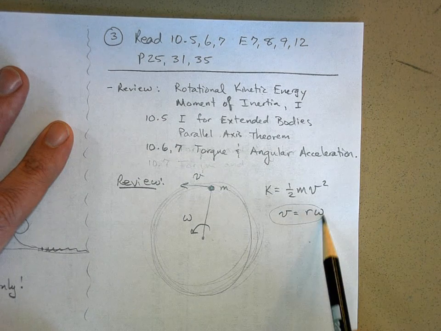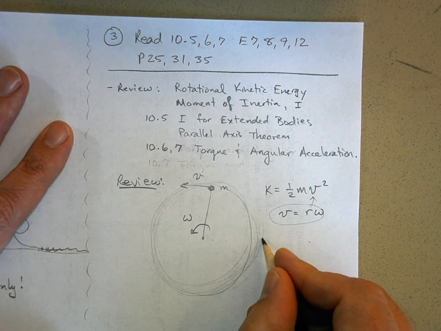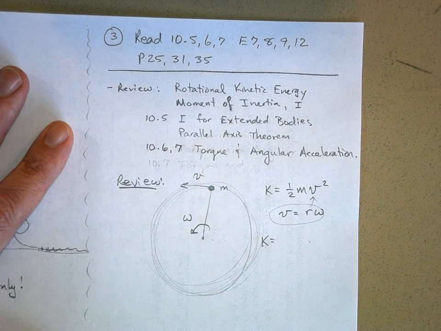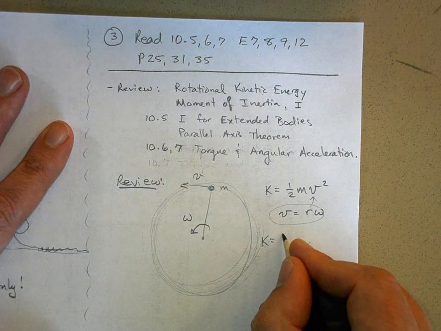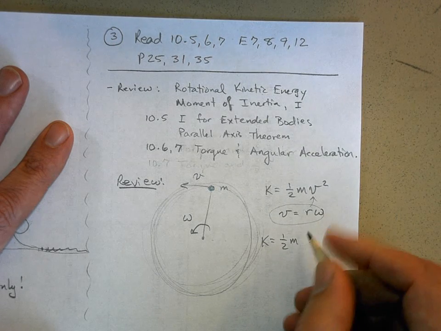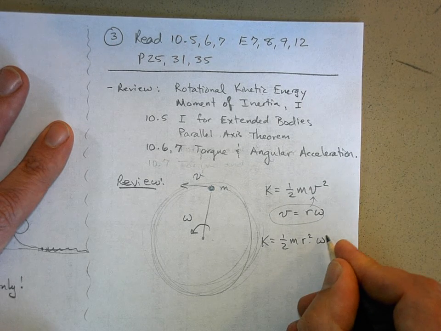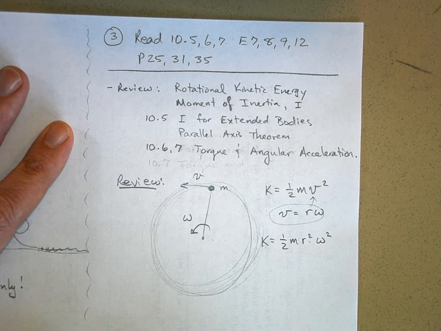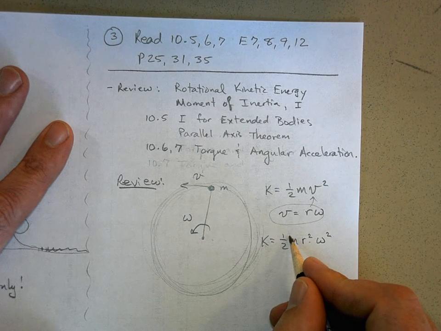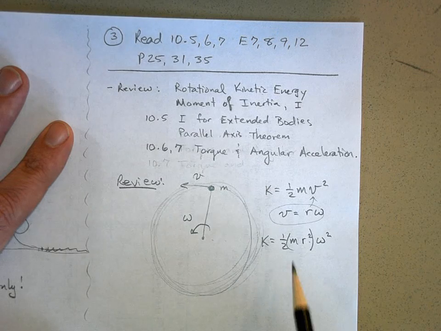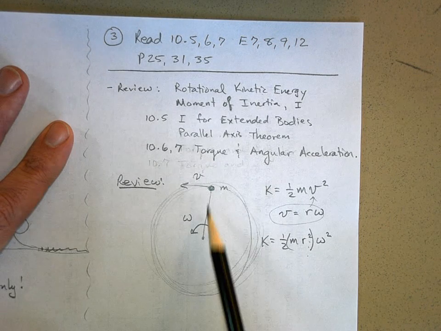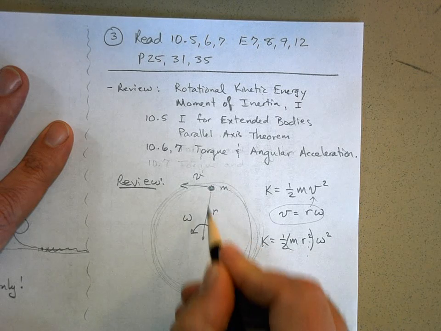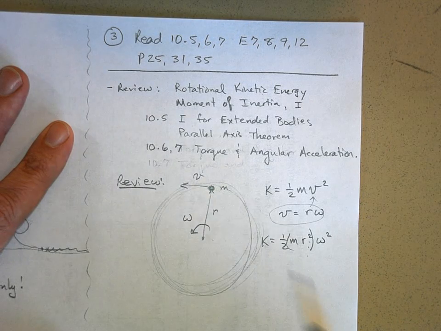So we just substitute this in here, and so we can express the kinetic energy of our object moving in circular motion as 1/2 m r squared omega squared. Now we kind of group this together here: the mass of this object times the radius, now this is r, from here out to here.